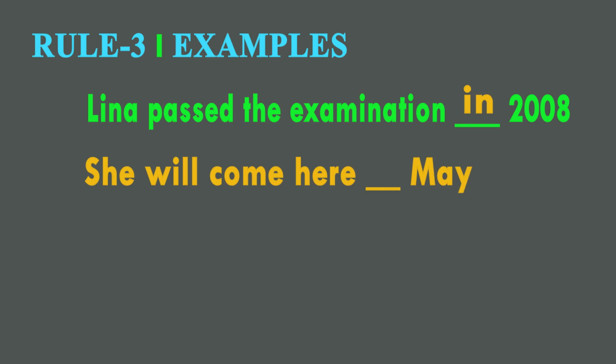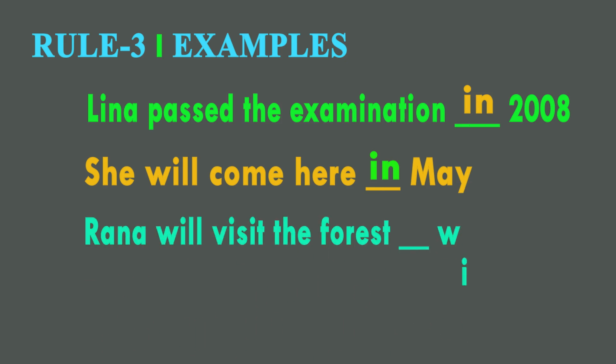May is the month, so we will use the preposition in. She will come here in May. Rana will visit the forest dash winter. Here winter is a season and we will use the preposition in. So Rana will visit the forest in winter.